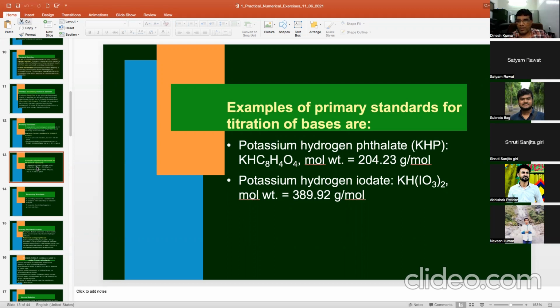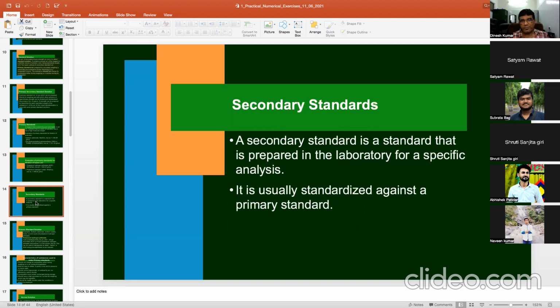Potassium hydrogen iodate, KH(IO3)2, molecular weight is 389.92. So you can prepare solution. For example, if you want to prepare potassium hydrogen phthalate, take 204.23 gram, dissolve in water and make up the volume to 1 liter. Likewise, I will show you how to prepare solutions.